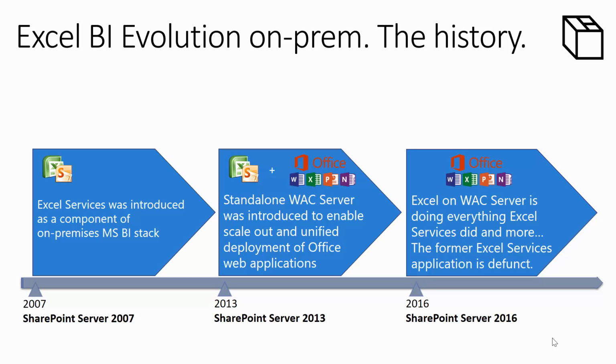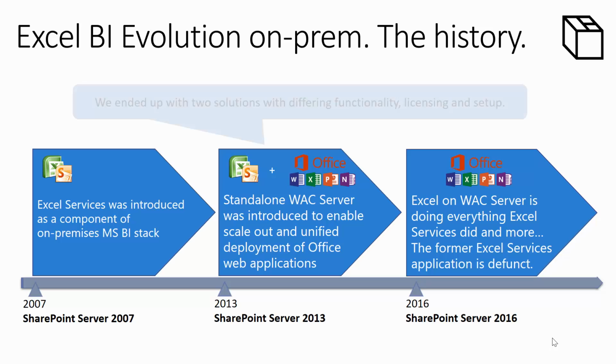In the 2013 version of SharePoint Server, we introduced a new thing called Office Web App Server, which was a separate server that could run Office web applications, and it could enable the scale out and unified deployment of various Office web applications such as Word, PowerPoint, OneNote, and Excel.